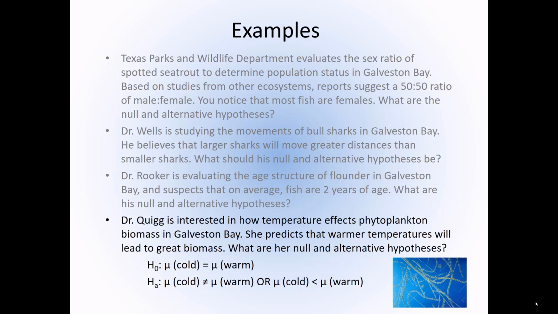In this particular case, the alternative hypothesis could be that they're not equivalent. More likely, it's that the biomass of phytoplankton when it's warm is going to be greater than the biomass of phytoplankton when it's cold. We'll spend a little bit of time working on developing our ability to generate known alternative hypotheses in class, but definitely work on practicing this and check out section 6.2 and 6.4.